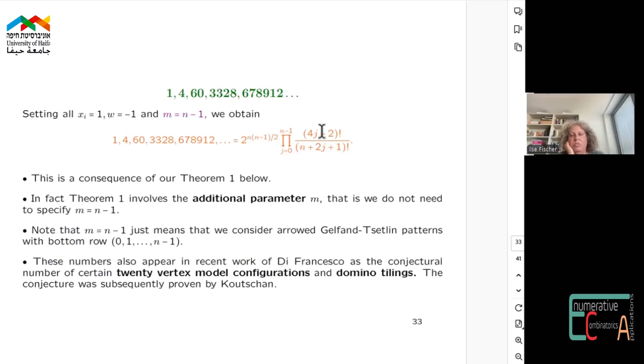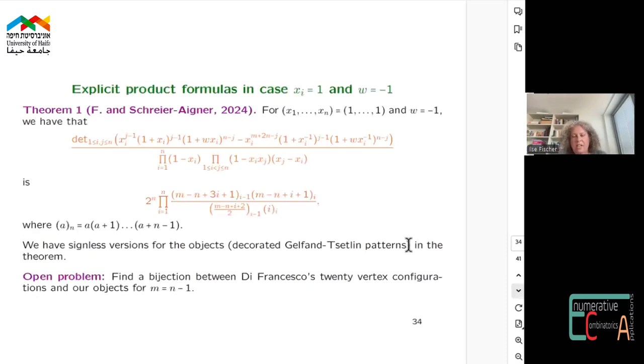He did not prove the formula. He showed that they are counted by a certain determinant and conjectured that this determinant is equal to this product. And after that, Christoph Koutschan could actually evaluate this determinant and show that it is equal to this simple product formula. So it's kind of a mystery that these numbers now appear here and there.